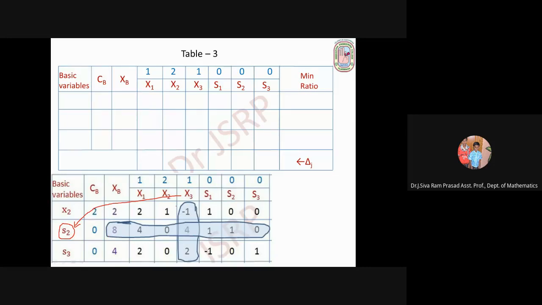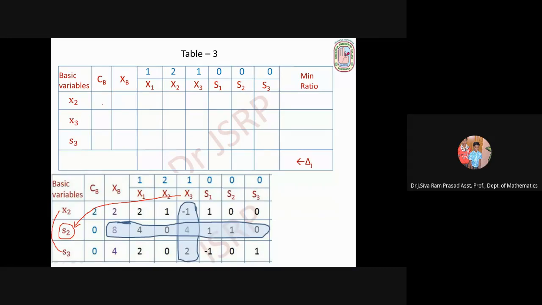That means second place, the basic variable is X3. Other two remain same: first place X2, third place S3.